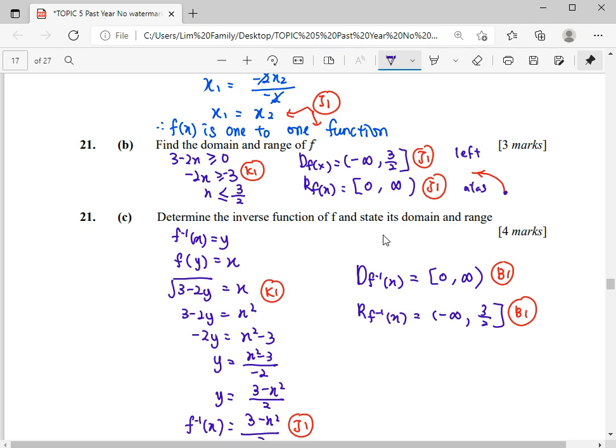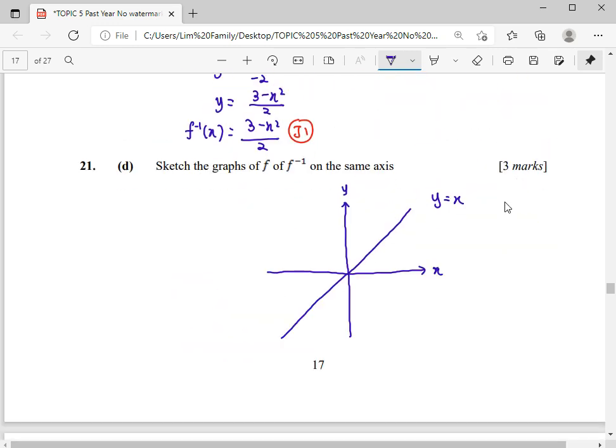So kita tengok domain. We can read out our x is 3 over 2. Then we read out our range. Y here is 0. So this is our starting point, 3 over 2 and 0. So 3 over 2, let's say is here. Alright, so 3 over 2, 0.